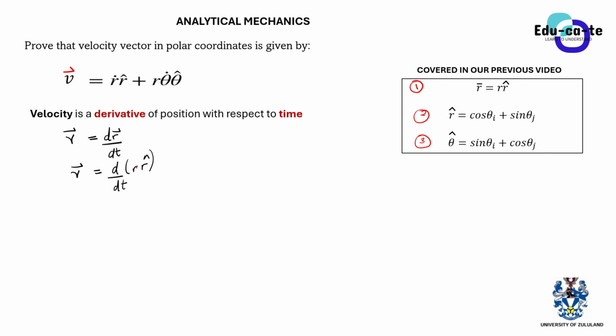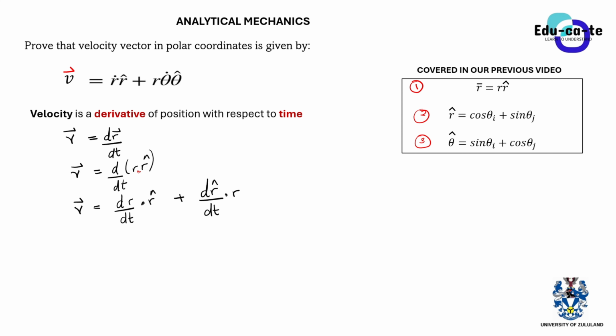You can see that we've got a product of two things here: the magnitude of the vector r as well as its unit vector, r cap. So we're going to use the product rule to say that our velocity vector will be given by the derivative of r with respect to time, multiplied by r cap without differentiating it, plus the derivative of r cap with respect to time multiplied by r without differentiating it.